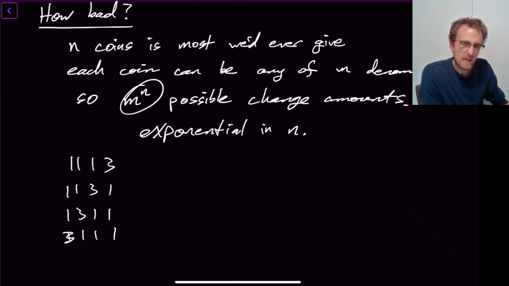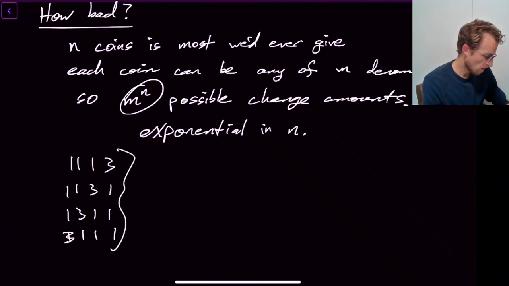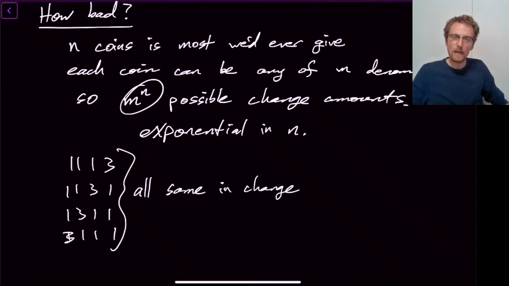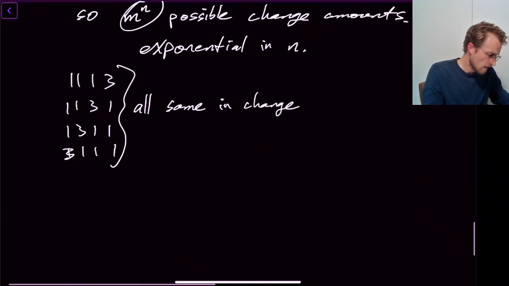But those are all the same, right? Because in change, we don't care about orderings of the coins. All we care about is combinations of the coins. We just care about what is the subset of coins that were returned. So this is one of the sources of exhaustive search's inefficiency, and that's something we could have in mind to try to optimize.